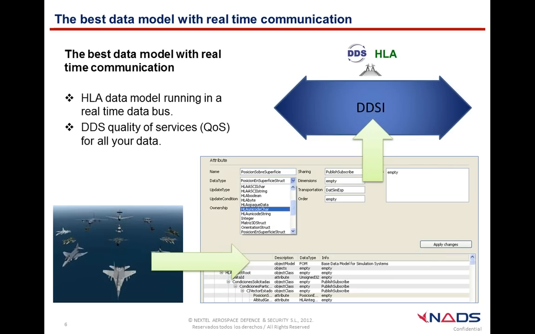You have an HLA data model running in a real-time data bus, because with DDS you can have real-time features, real-time communication, even hard real-time. Also, you have all the quality of services that DDS provides.